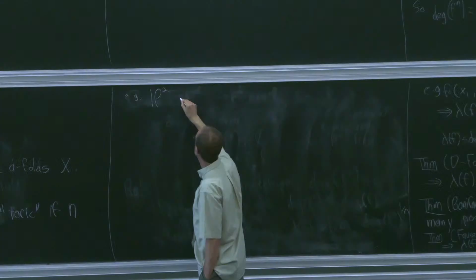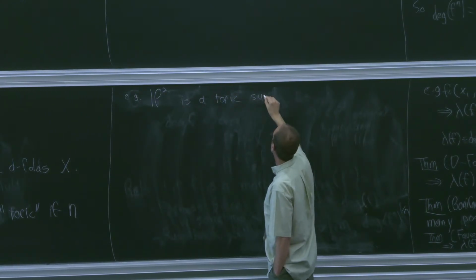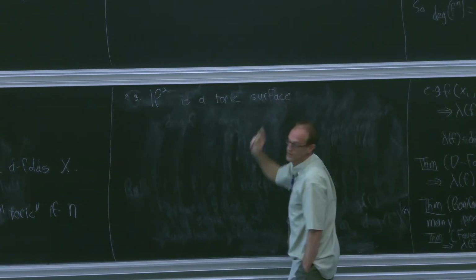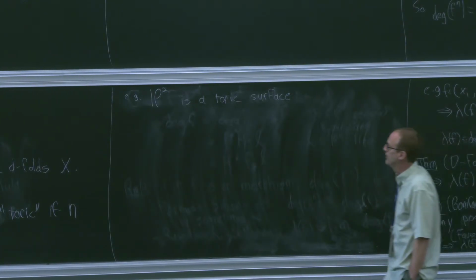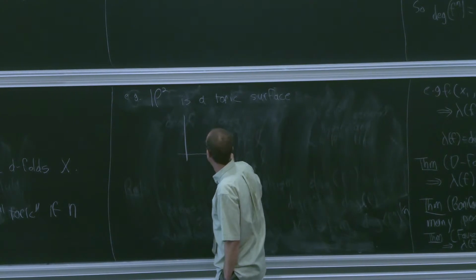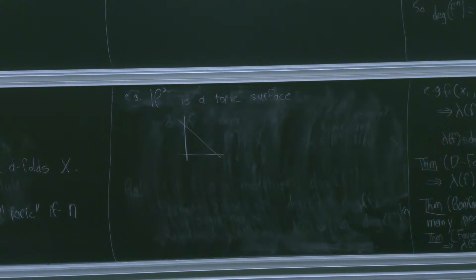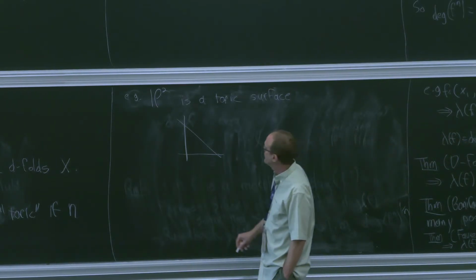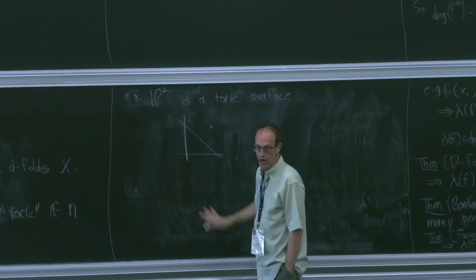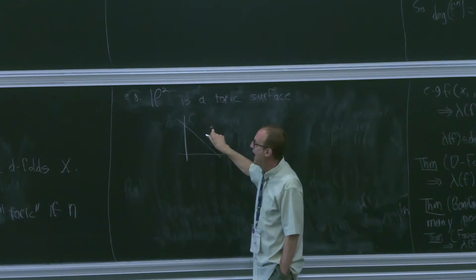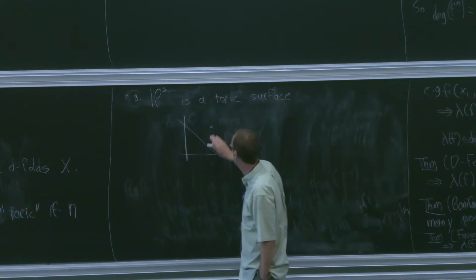So P2, for instance, is a toric surface, and it's got three simple poles for this form, the coordinate axes and the line at infinity. So the picture is this, and then you can ask yourself, how do you get more toric surfaces? Maybe by just blowing up points in P2. So you could blow up a point which has nothing to do with the coordinate axes, but if you do that, you're going to lift eta to a form with a zero at that point.